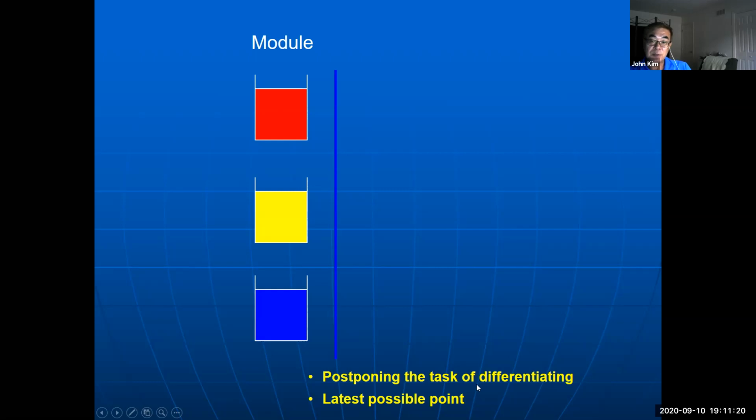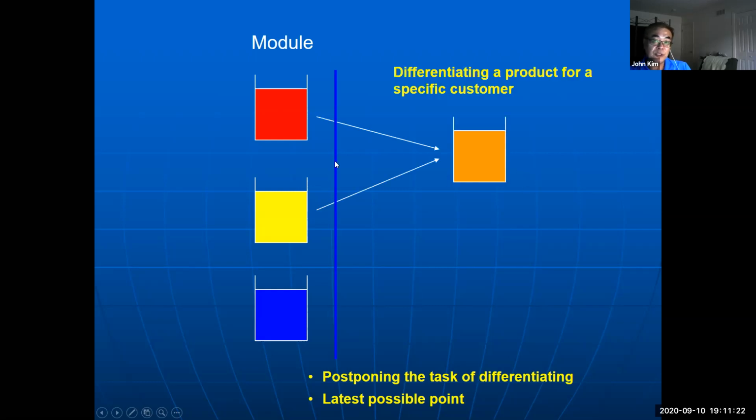And then a customer comes, asks orange, mix, and final product. Green, mix, and then final product like this. So using modules, like the Dell computer, don't make a final product.